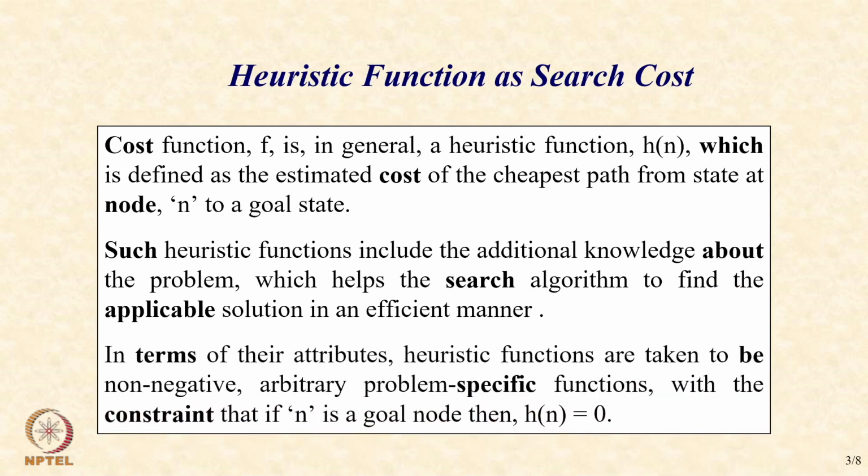In terms of their attributes, heuristic functions are taken to be non-negative, arbitrary problem specific functions with the only constraint that if n happens to be the goal node, then h(n) will go down to 0. So, it is almost like searching for a minimum or a 0 potential solution, and h(n) almost mimics a potential function. So, when the potential becomes 0, you have reached the solution level.